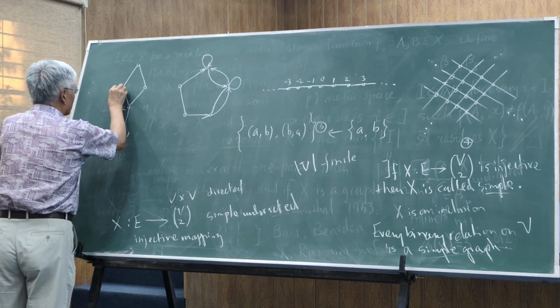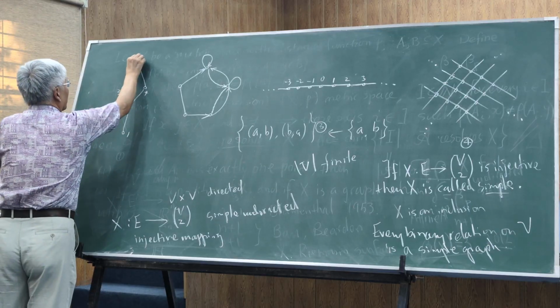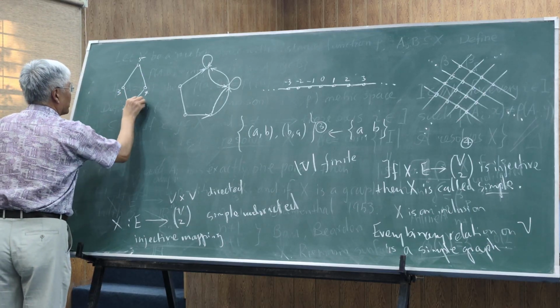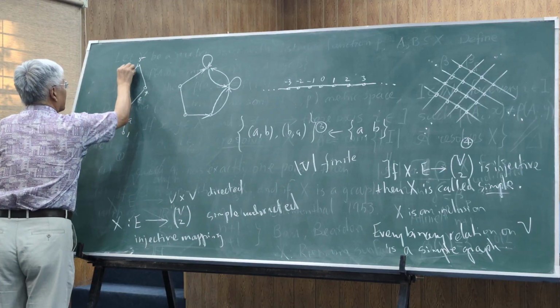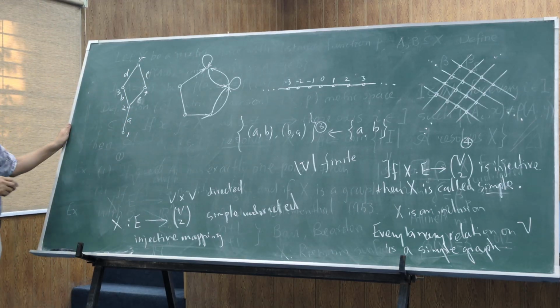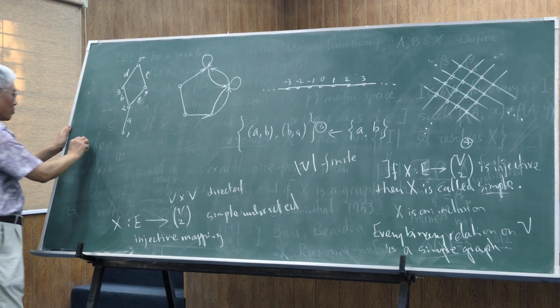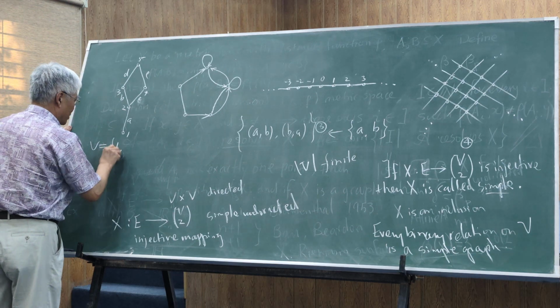1, 2, 3, 4, 5. A, B, C, D, E. So the set V is equal to 1, 2, 3, 4, 5.